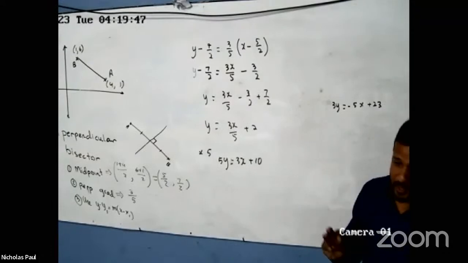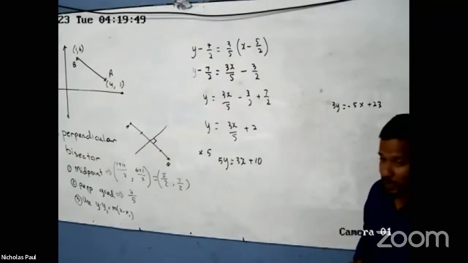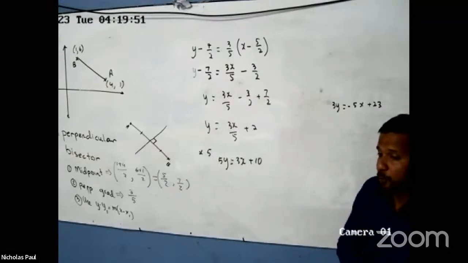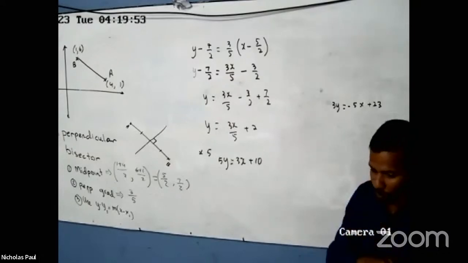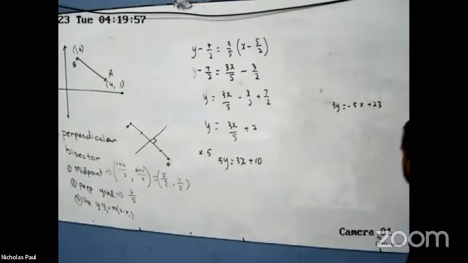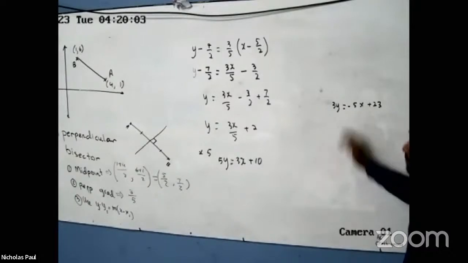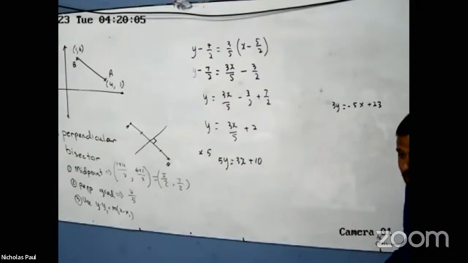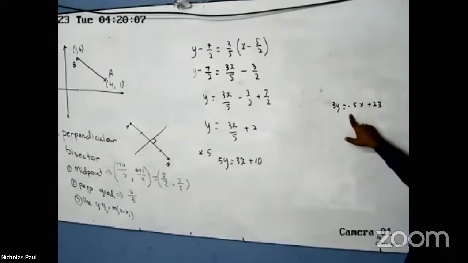Here's what we're going to do now. We learned to find the equation of a line. We learned to find a perpendicular bisector, right? We just want to do the last application on the notes I gave you. We want to be able to solve these two simultaneously, right? This was the first line that we had.